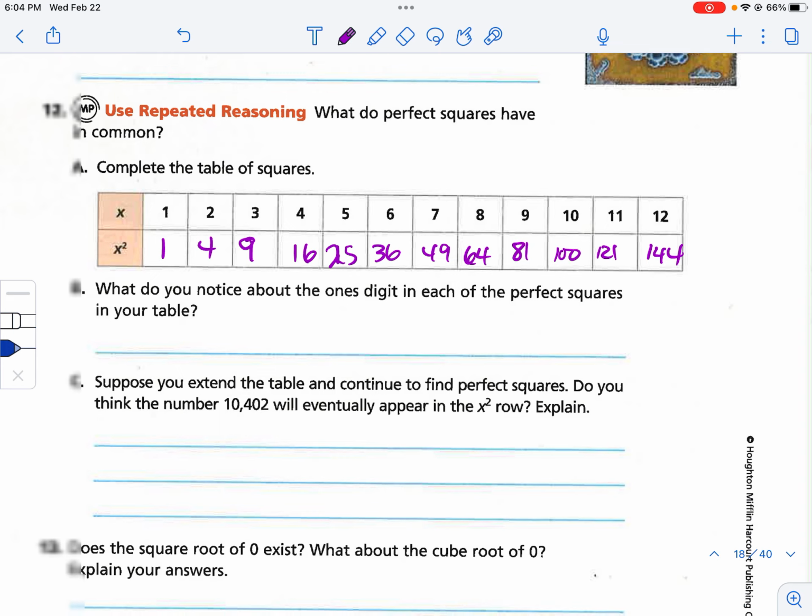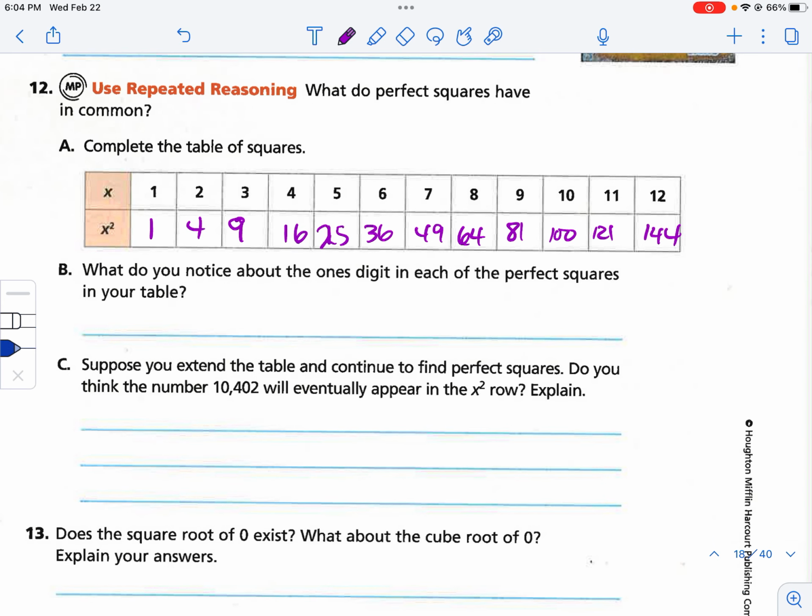What do you notice about the ones digit and each of the perfect squares? The ones digit: 1, 4, 9, 6, 5, 6, 9, 4, 0.